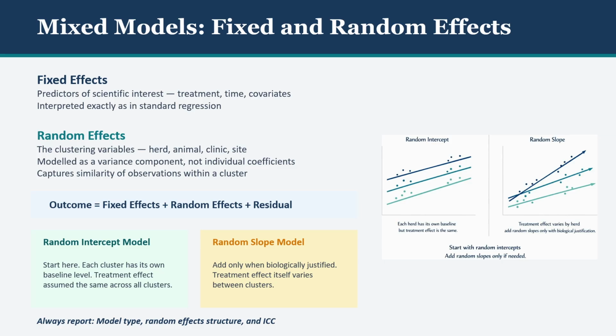The random slope model allows the treatment effect to vary between herds. Add it only when you have specific biological reason to expect heterogeneous treatment responses, and only when you have enough animals per herd to estimate the slope reliably. Start simple, add complexity only when justified.